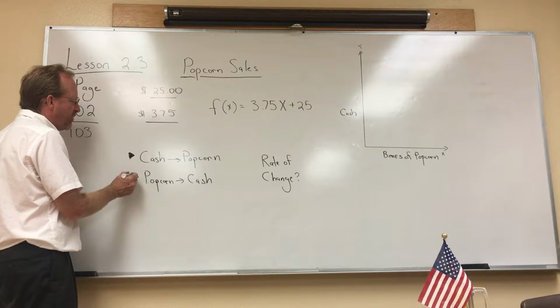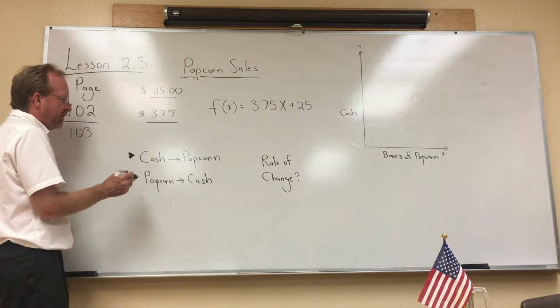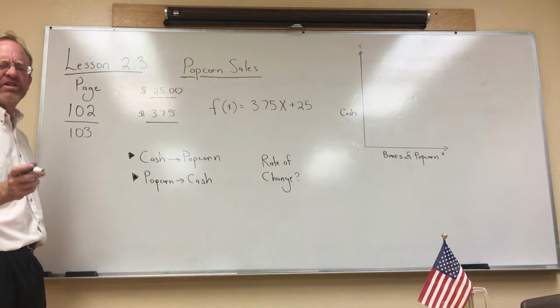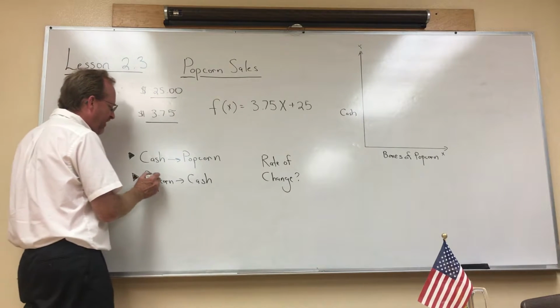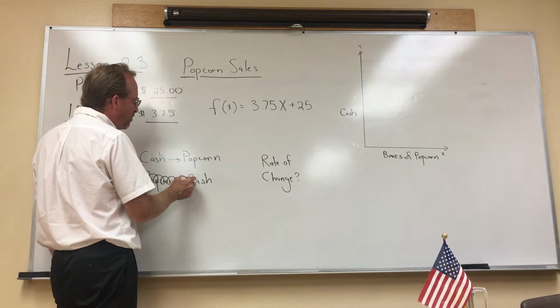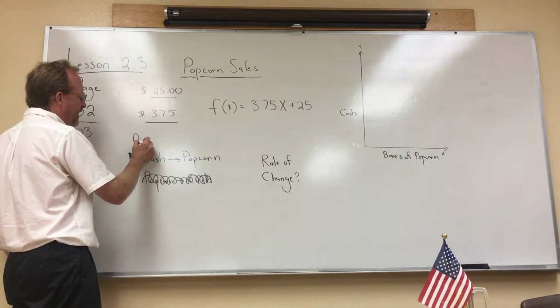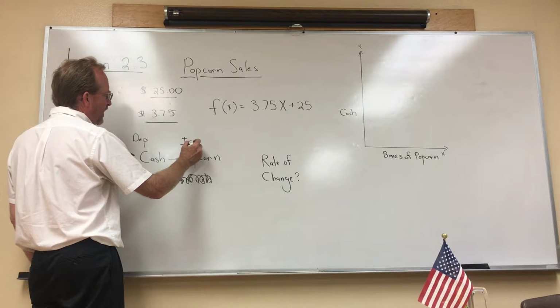Or does how much popcorn you sell depend on the cash? That second one just sounds weird, doesn't it? And it is. The amount of cash you get depends on how much popcorn you sell. So this is your dependent, and this is your independent quantity.